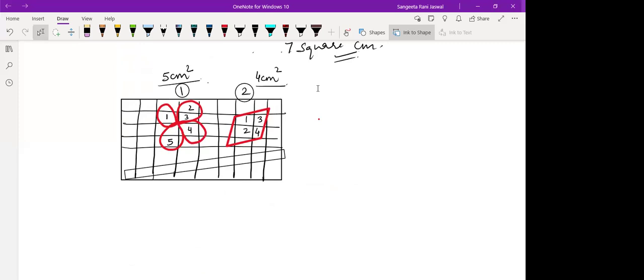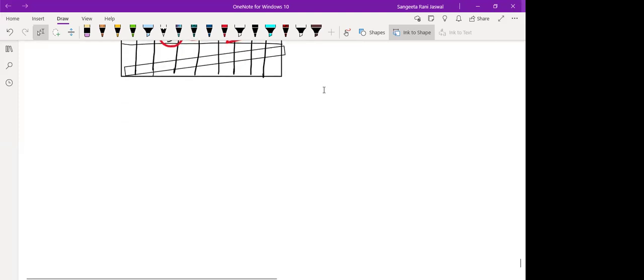There you will count the square which is more than half covered as a complete square. The one which is less than half covered, you will ignore. But the very first thing is that you have to count the number of complete squares.